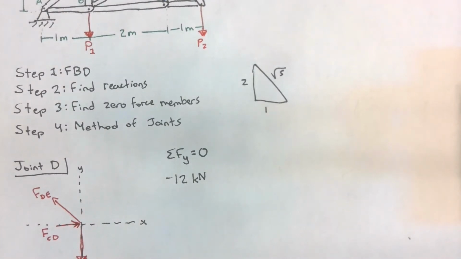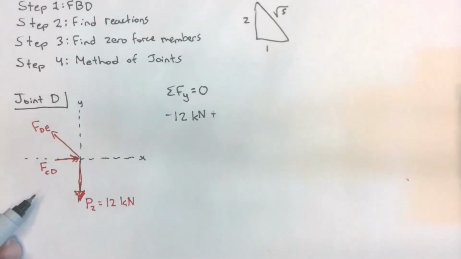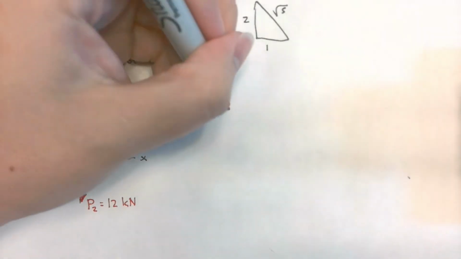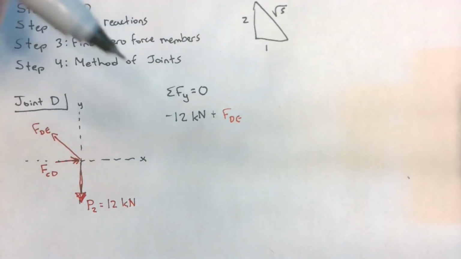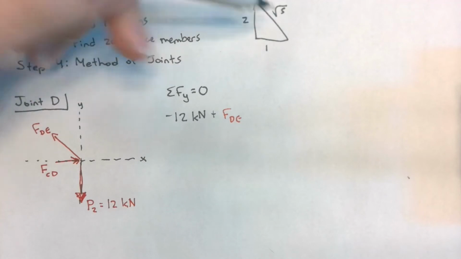All right. So in the positive direction, we have the y component of this force DE, which should be equal to the force DE times the slope component for the y, which should be equal to the y component in the triangle divided by the hypotenuse.